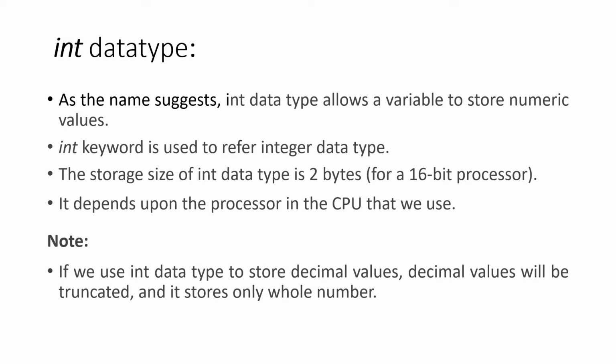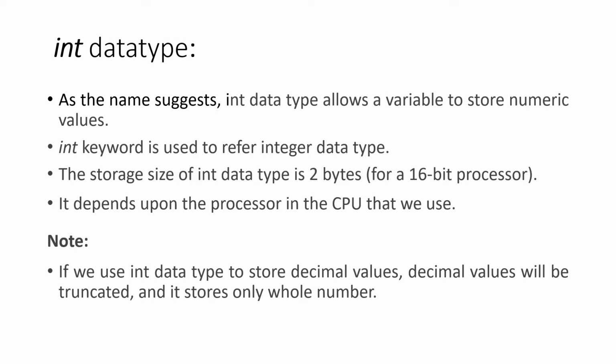Int data type. What is integer data type? As the name suggests, int data type allows a variable to store numeric values. The int keyword is used to refer to integer data type.